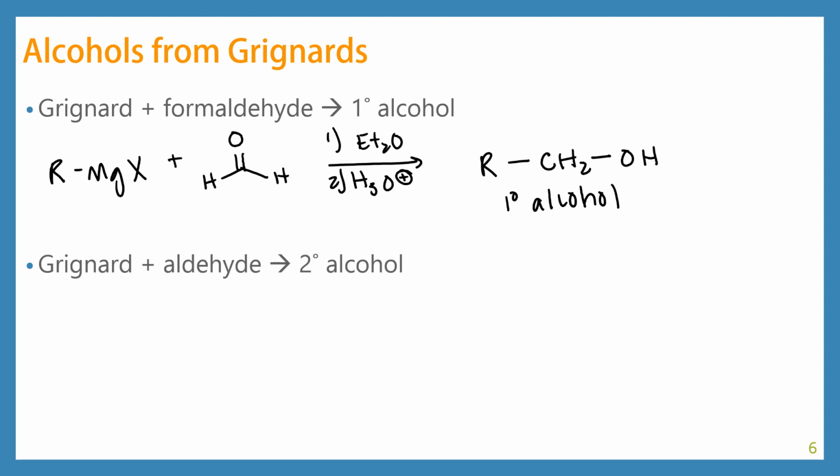If you react a Grignard plus any other aldehyde, so we're going to draw a general aldehyde, you end up with a secondary alcohol.